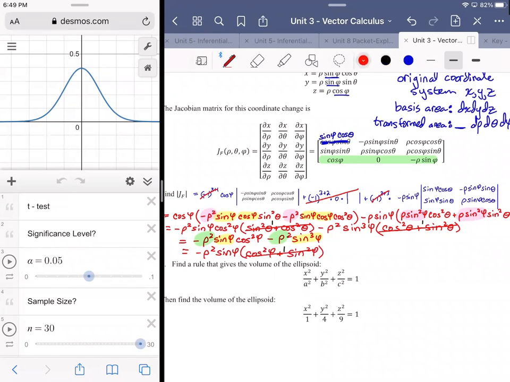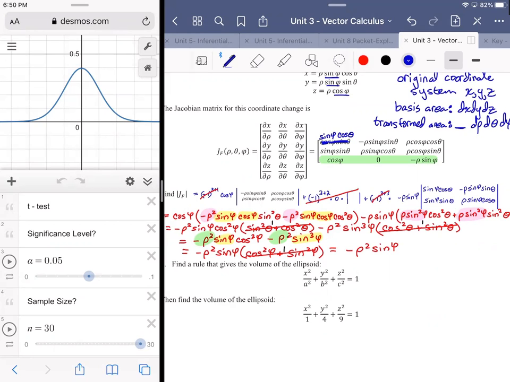And so we have negative rho squared sine of phi, which if you drop the negative, because again, the Jacobian is really talking about, well, in any context, the determinant is talking about an area. The negative just implies the direction from one vector to another.